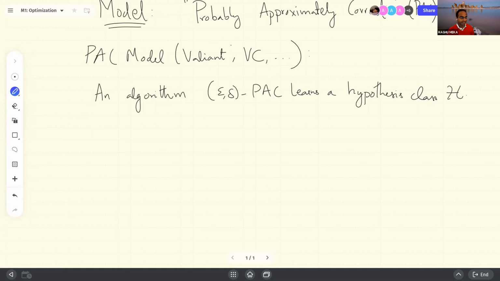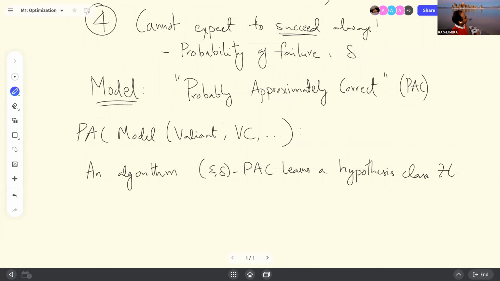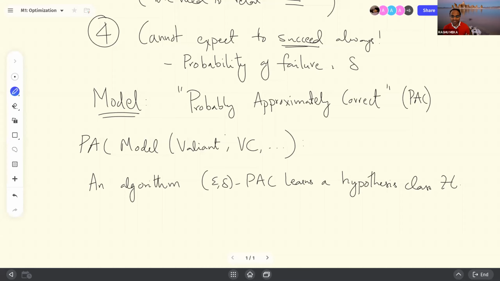Okay? And basically, if you have 1,000 examples, this chance of failure can be made exponentially small. Typically it's like 2 to the minus 1,000, so you never see it in real life. But in the model, we have it. Just because it is there, even though we don't really see it, we have to quantify it. Okay?